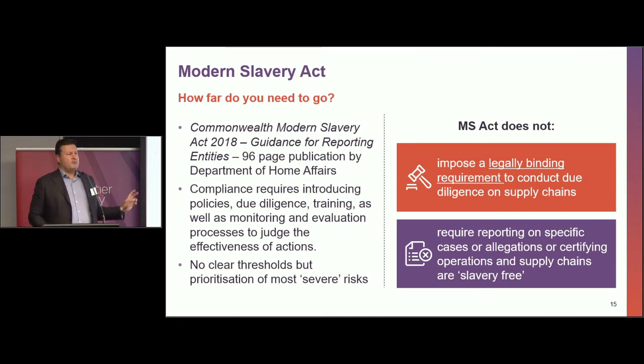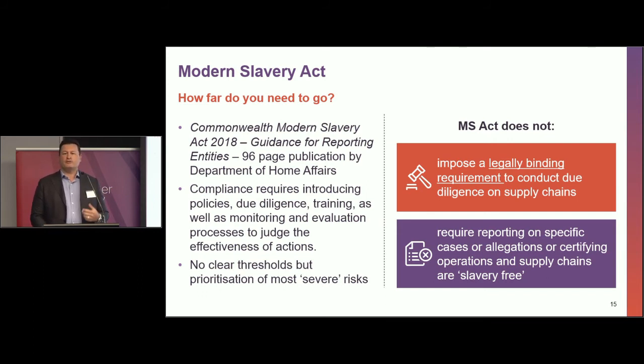But the two key points here are the Act does actually not impose a legally binding requirement to conduct due diligence on supply chains. And it sounds a little bit odd when talking about what you have to do. These are the requirements to meet the standards of your modern slavery statement, but it doesn't actually impose a binding requirement to conduct due diligence. The other key thing here is you don't have to guarantee that your supply chains are slavery free.